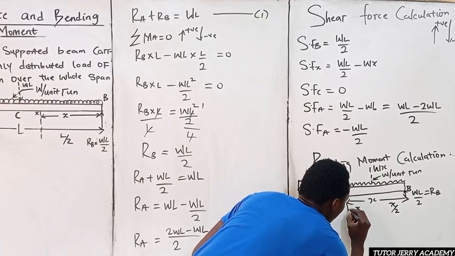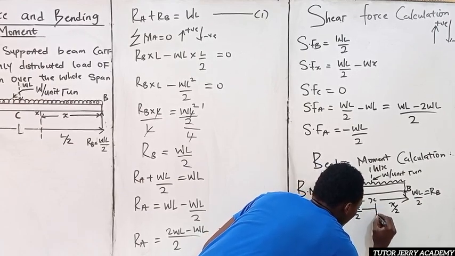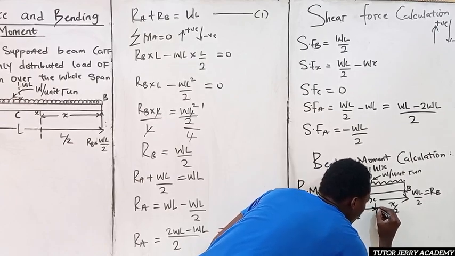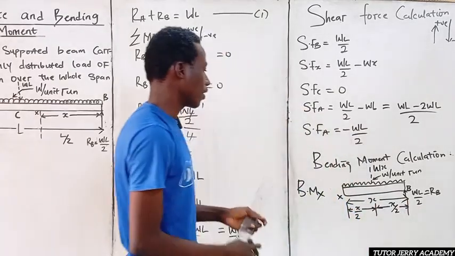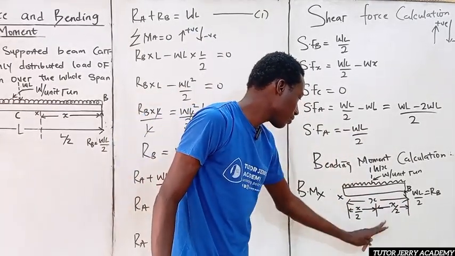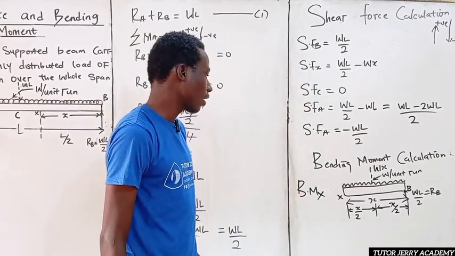So this is what we have. From the center to this point is X over 2, and from here to here is X all over 2.